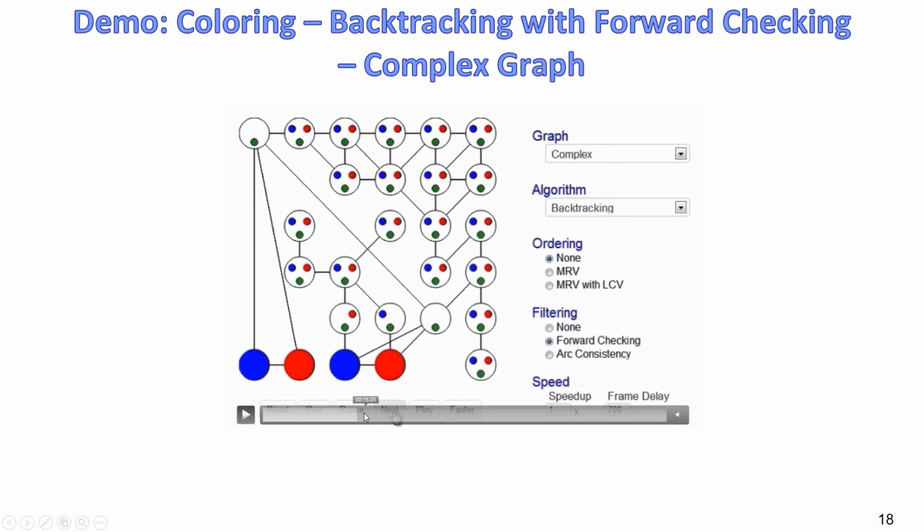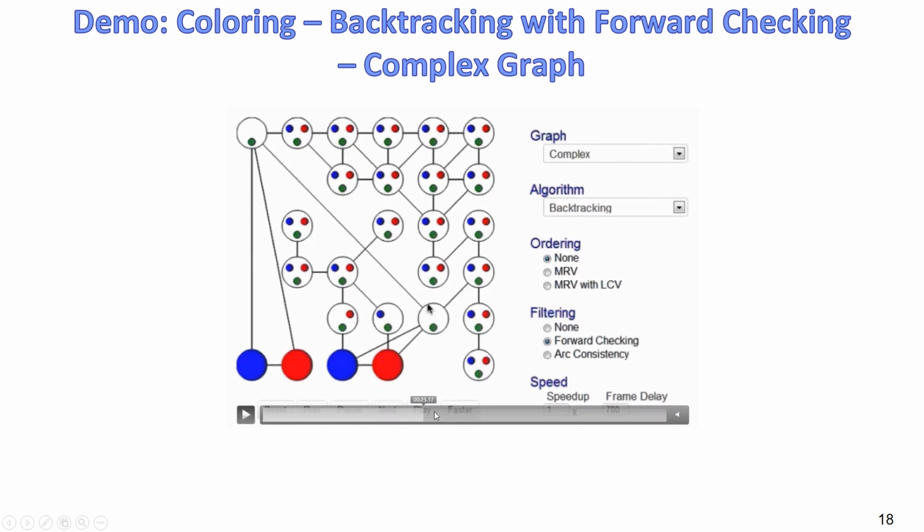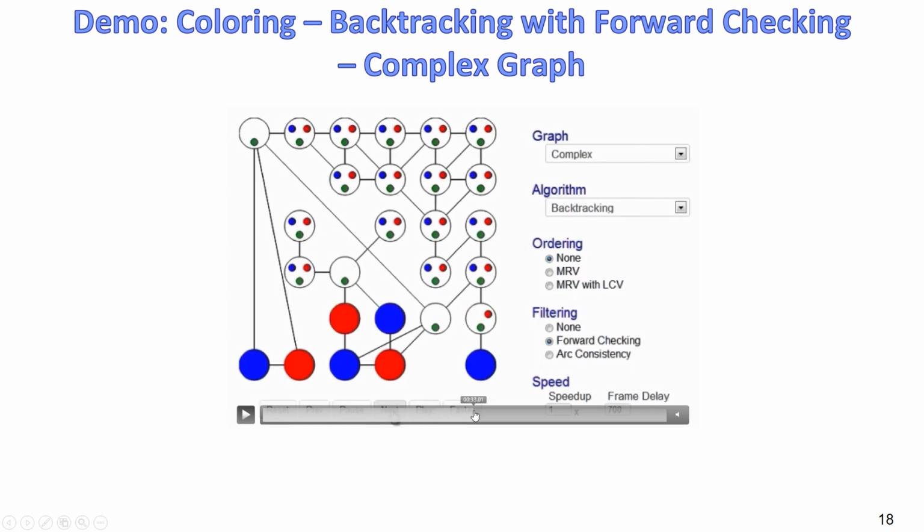Now we can assign, of course, blue to this one, because the order is blue, red, green. So blue here, okay, and then we'll assign red here, because we cannot assign blue. Now the next one is this one, so we'll have to assign it blue.